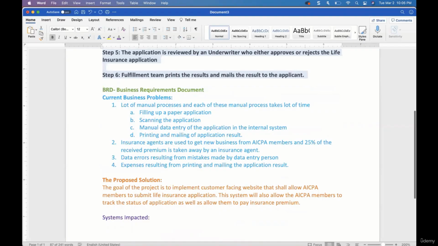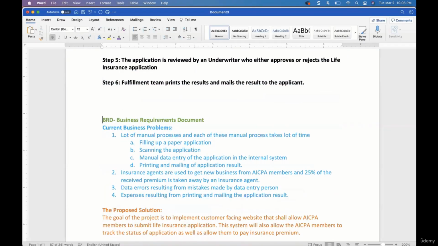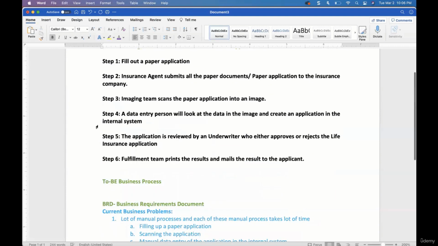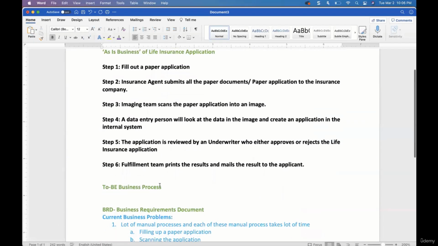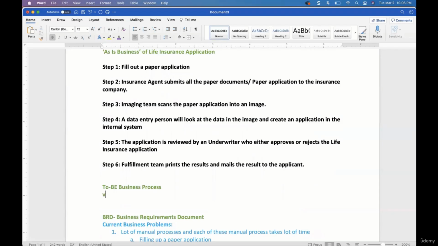And before I go into the BRD, I'm writing another word here. This is the as is business, and I'm talking about now the 2B business.